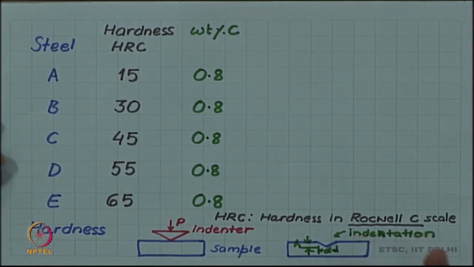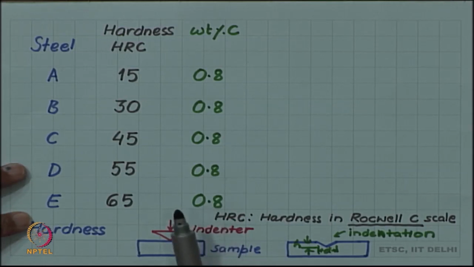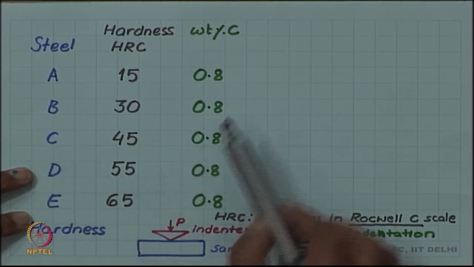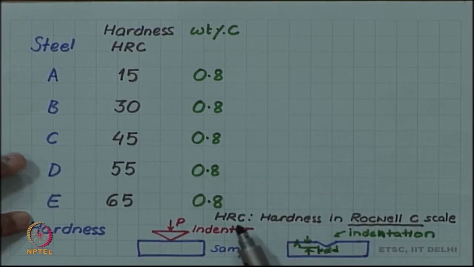So, then this interesting question comes: how are we able to get hardness varying by a factor of 4 in steel of the same carbon concentration? And the answer to this question is very interesting, and this answer comes through difference in the microstructure of steel.